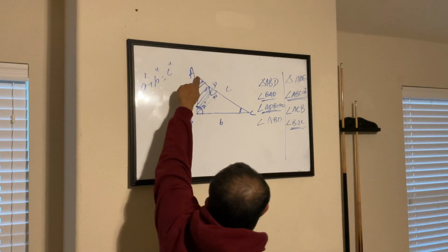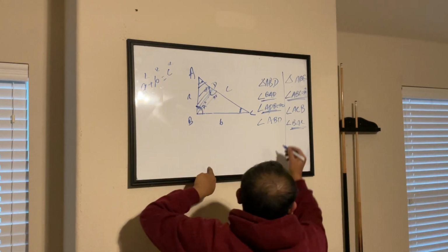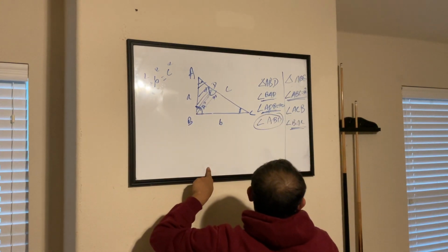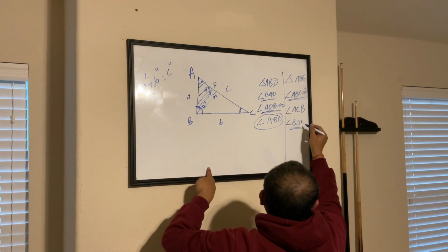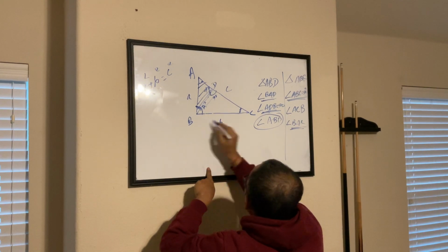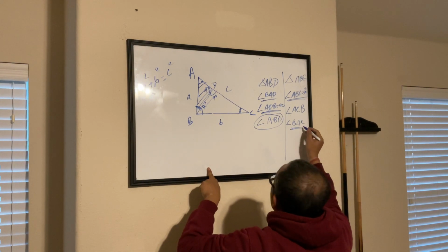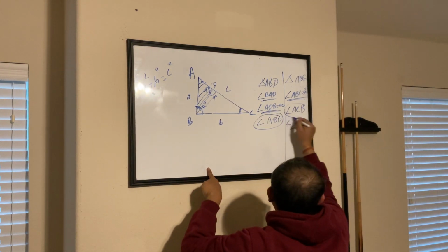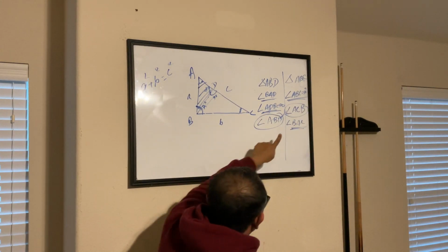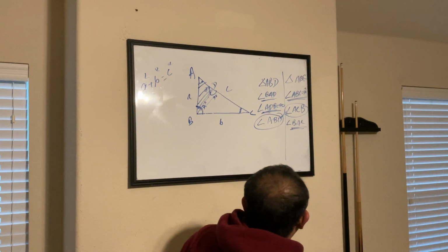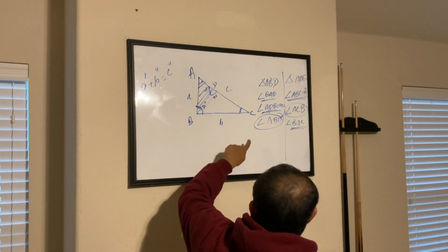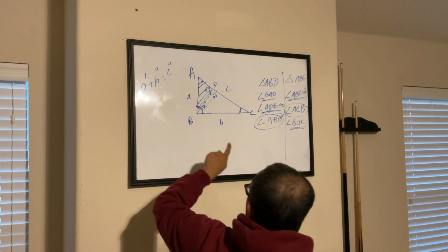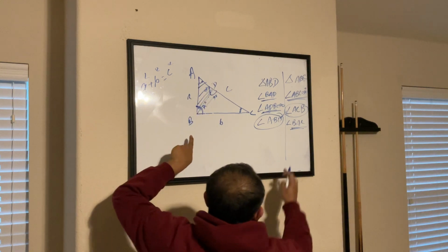Meaning angle ABD and angle ACB, these two are matching. So the side opposite to that will be in the same ratio. ABD by ACB.